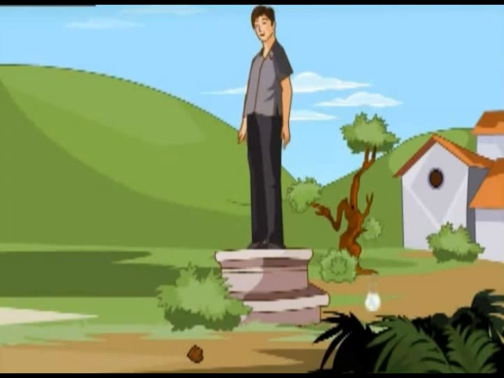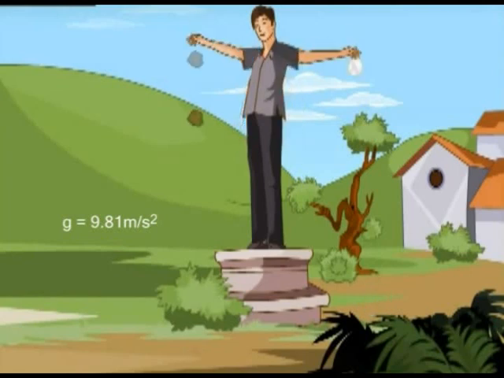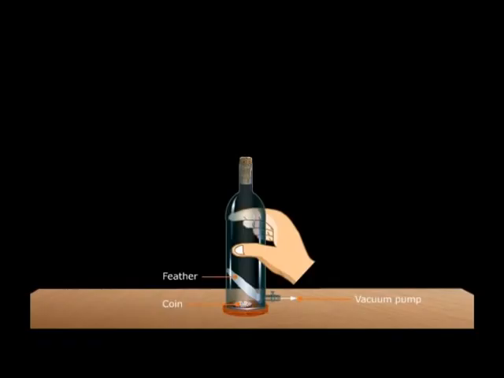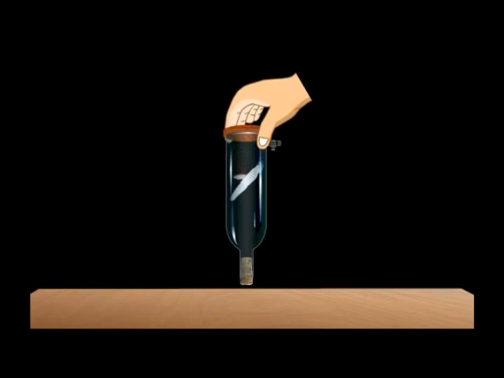The numerical value of g is approximately 9.81 meters per second squared. Free fall can only occur in a vacuum, but if air resistance is ignored, all bodies fall with this constant acceleration of 9.81 meters per second squared. In a vacuum, a feather and a stone released from the same height will land on the ground at the same time.